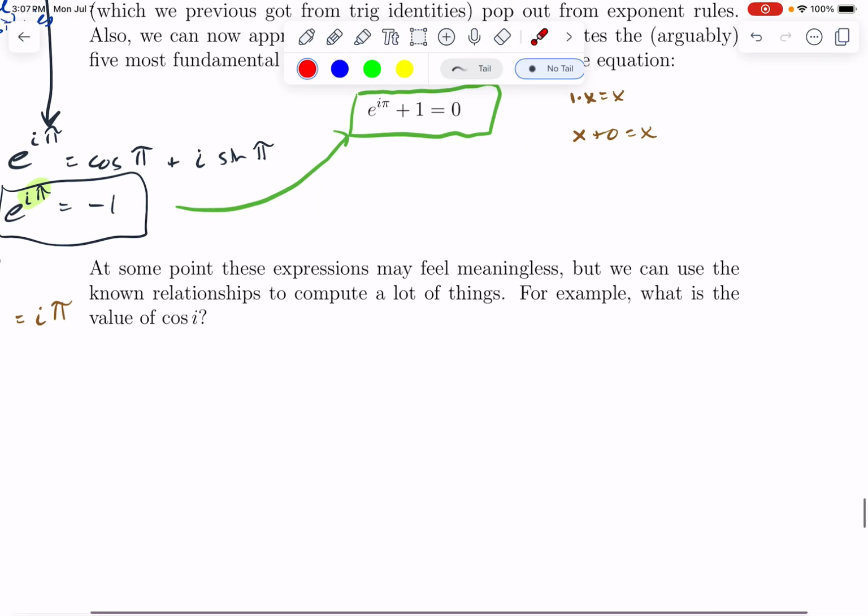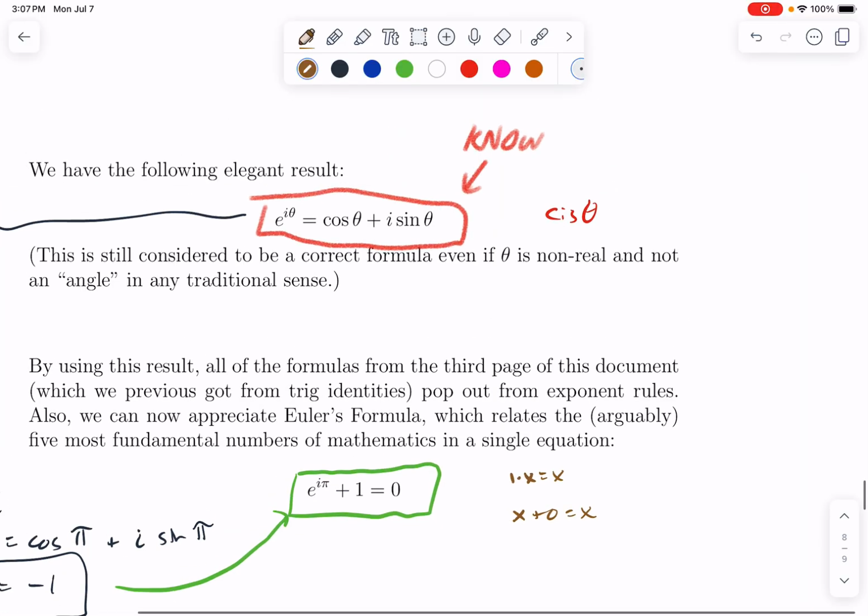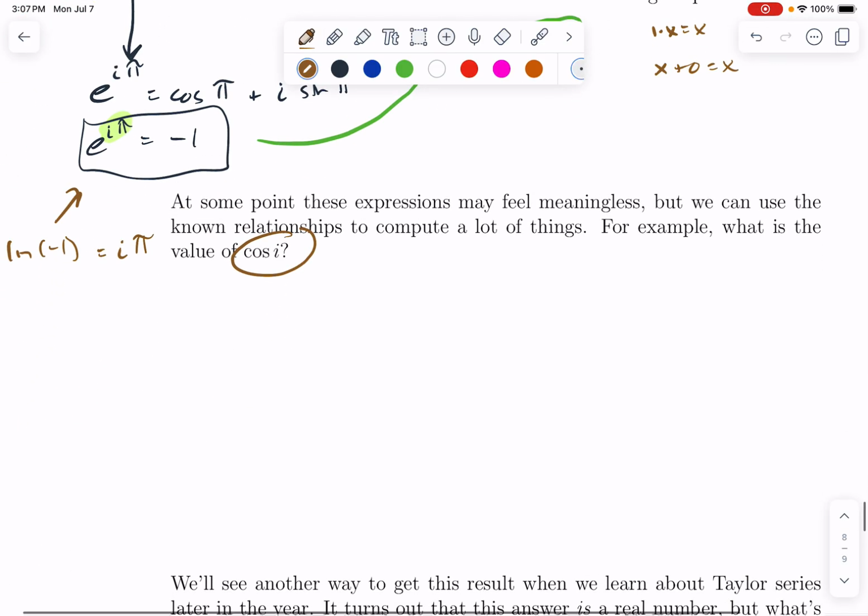We could also do things like, hey, suppose I wanted to figure out cosine of i. This is imaginary. We can't interpret this as an angle, but maybe by using Euler's formula up here, we can deduce what it means, or what it has to be equal to if it has a meaning at all. So here's what I'm going to do. We know e to the i theta is cosine theta plus i sine theta.